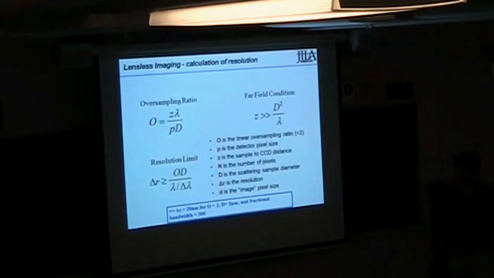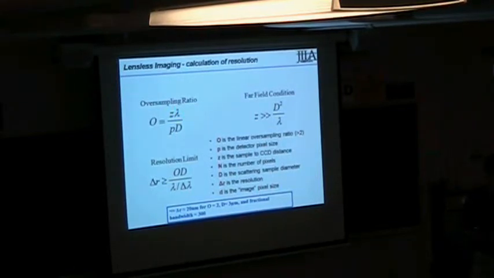Since I was talking about oversampling and the far field, I just want to define in terms of parameters what that means. In order to get an oversampling ratio that's large enough, in general we put the CCD a little further away from the sample, and that's what this Z distance means.